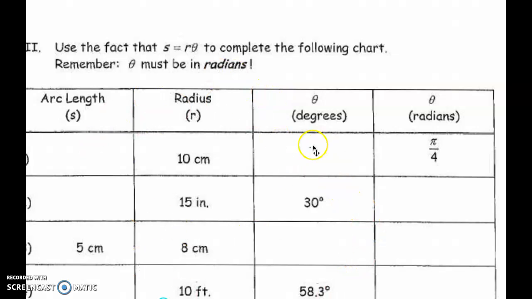Now remember, in order to find this arc length, this has to be converted to radians, and then radians times the radius will give us this answer. There you go, folks. Hope you like it, and I will be providing you with a small Google quiz.